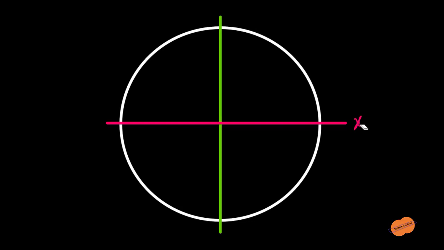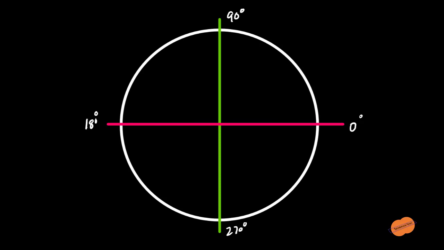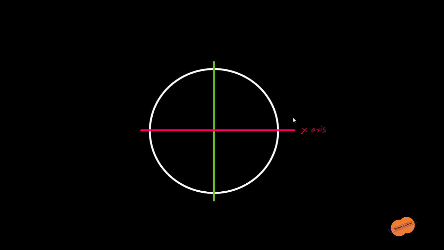On a circle, the x-axis becomes 0 to 180 degrees, and the y-axis becomes 90 to 270 degrees. If we want to be more specific, x becomes 0 or 360 degrees, minus x becomes 180 degrees, y becomes 90 degrees and minus y becomes 270 degrees.